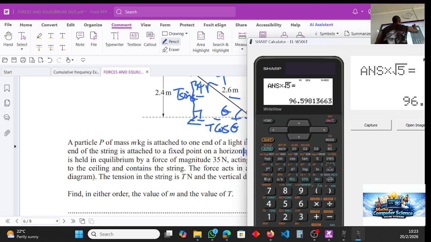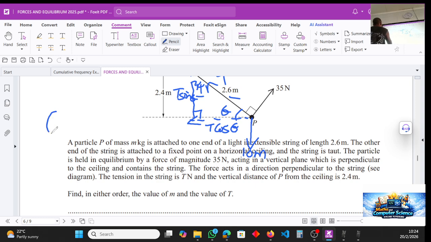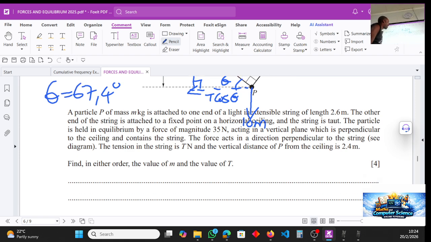I'll push my calculator aside and say sine inverse, open bracket, 2.4 divided by 2.6, close the bracket. The answer there is 67.4 if I round to one decimal place. So I can say that my theta is 67.4 degrees. Then once I have that in mind, I can redraw my diagram properly.